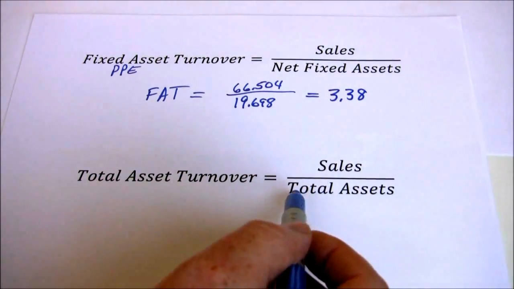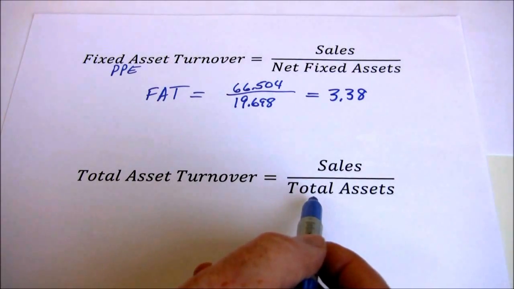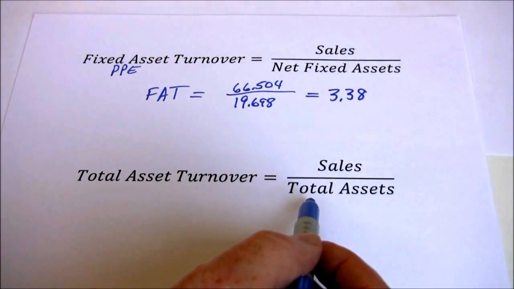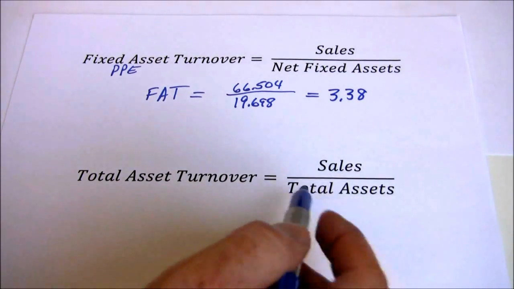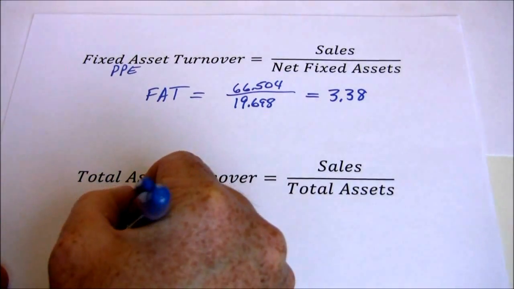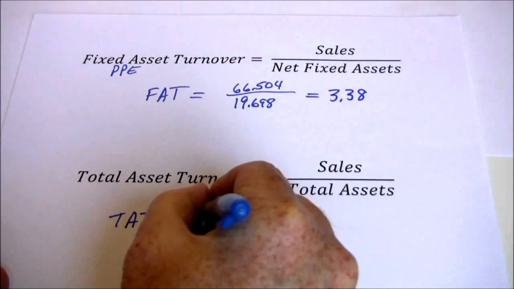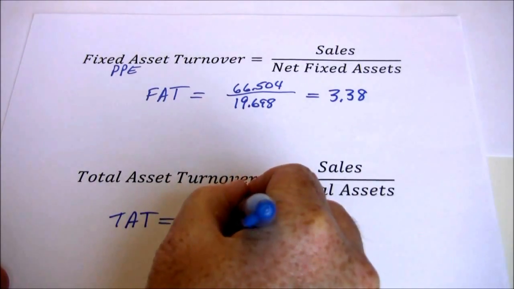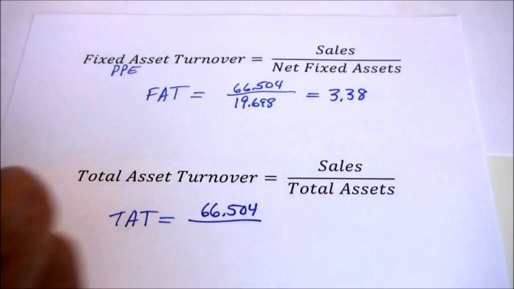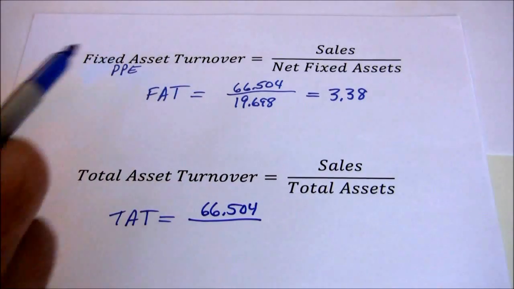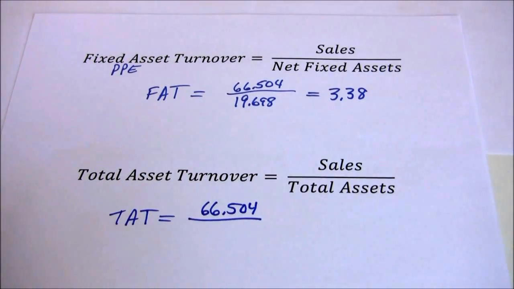Total asset turnover is a very similar ratio. Now though, instead of looking at how well we're doing at generating sales from our fixed assets, our property, plant, and equipment, we're including all our assets. So total asset turnover is just sales divided by total assets. Our sales we've already reported earlier with our fixed asset turnover, just the 66.504 billion.